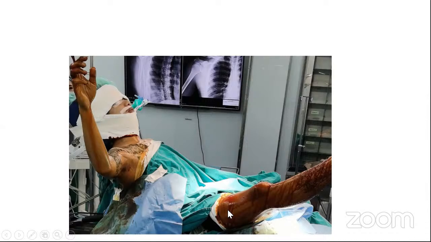Then one can close primarily, then create a tunnel using the lateral portal as described by Dr. Itakpe. Then one can drag in the graft arthroscopically. We then attach the proximal part of the graft to the remaining part of the rotator cuff, while the other part is fixed to the humerus.